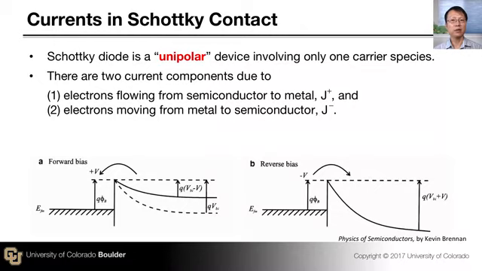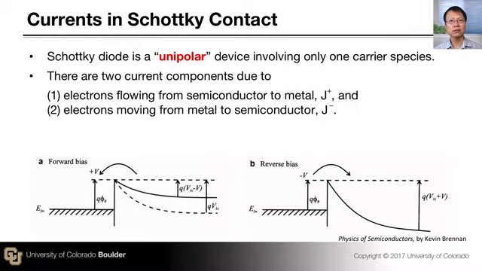There are no minority carrier currents, or minority carrier currents are negligible. So only one carrier species contributes to the current, and this type of device is called a unipolar device. So in a metal N-type semiconductor Schottky contact, only electrons contribute to current. In a metal P-type semiconductor Schottky contact, only holes contribute to current, and they both are unipolar devices.